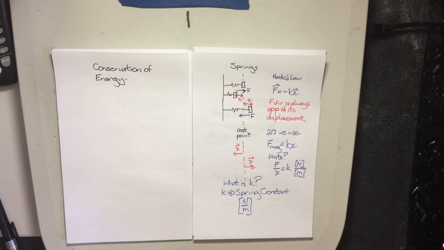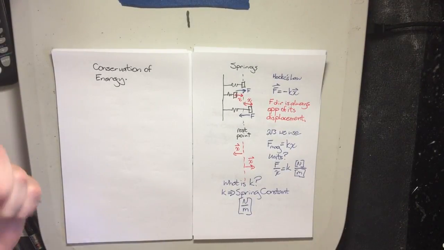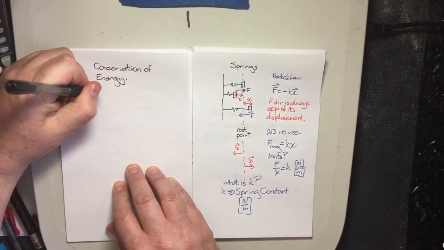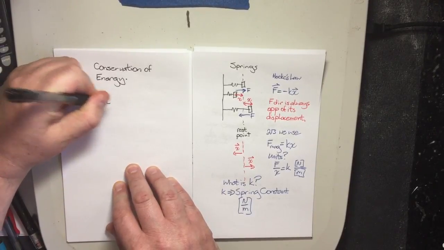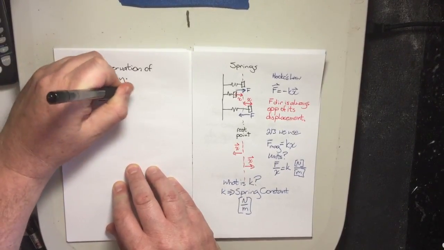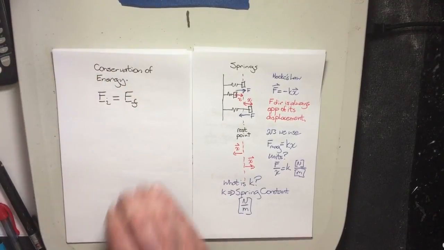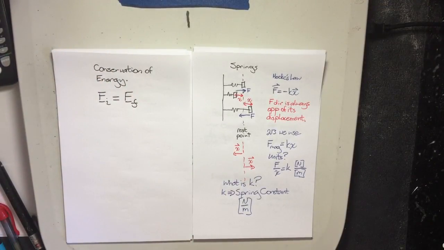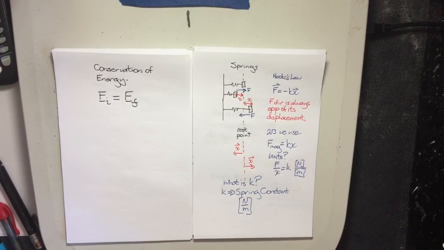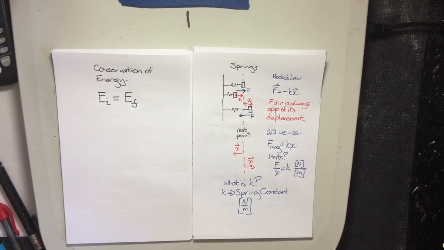So in conservation of energy, the energy initial is equal to the energy final. If I say energy is conserved, you say yes, because the beginning energy is the same as the end energy.